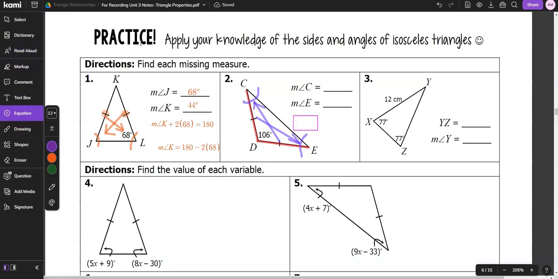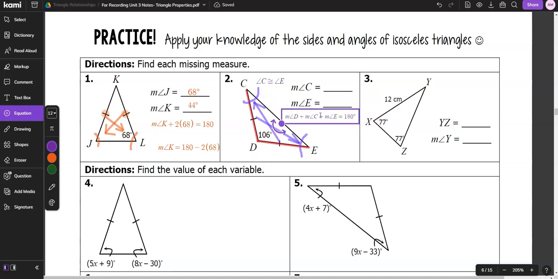So what I would do here is I would say that the measure of angle D plus the measure of angle C plus the measure of angle E is equal to 180 degrees.